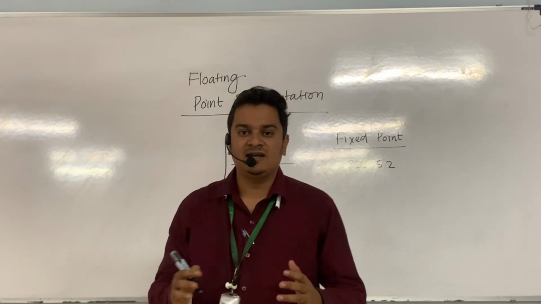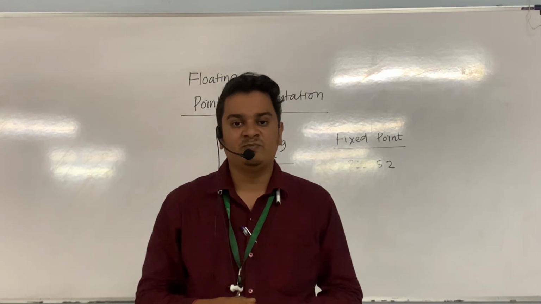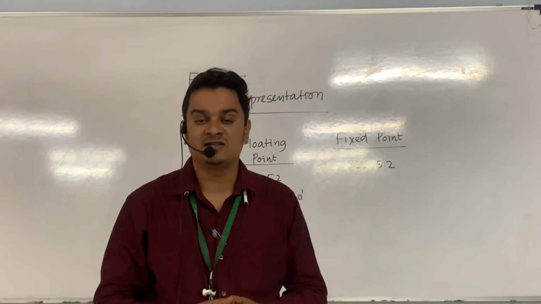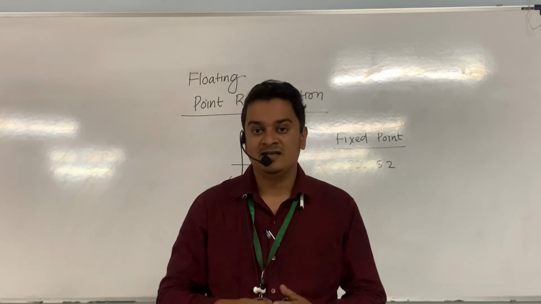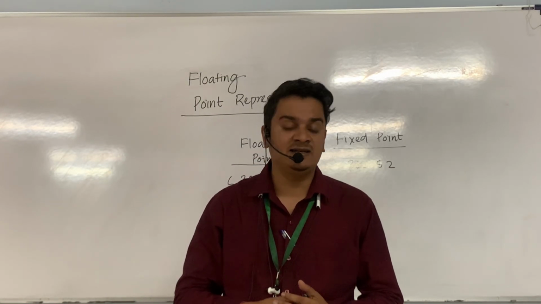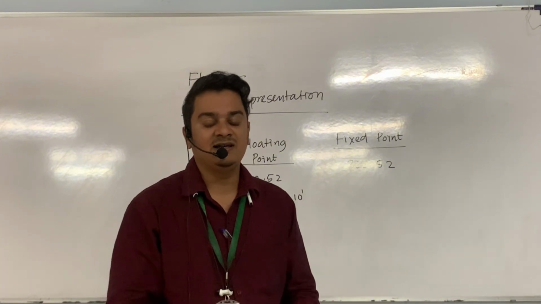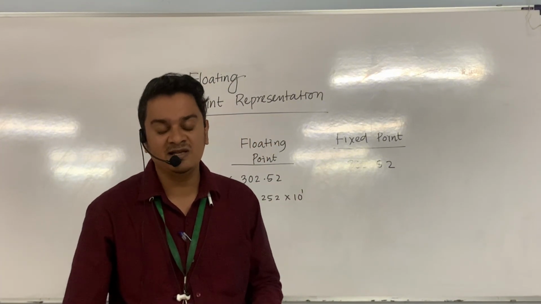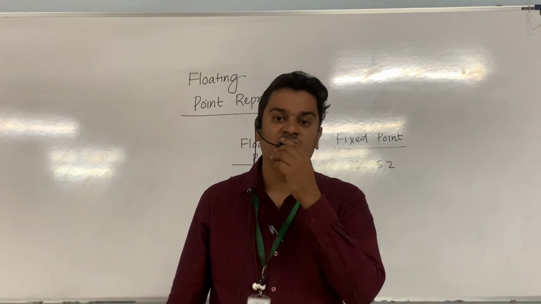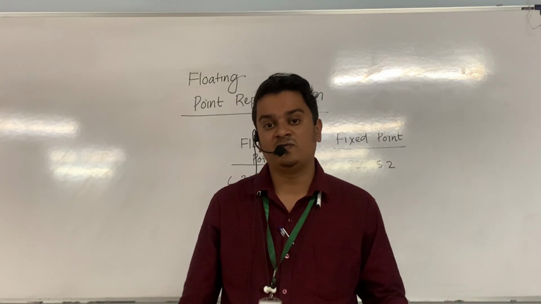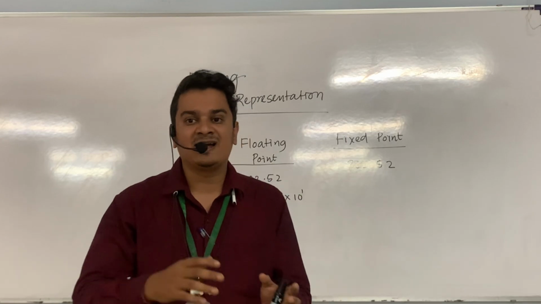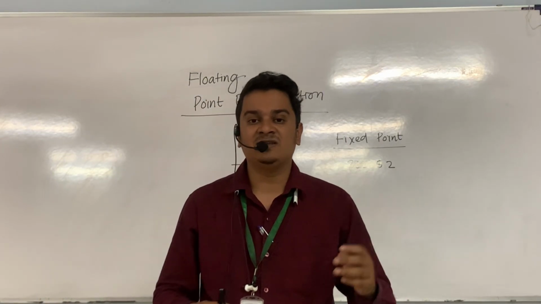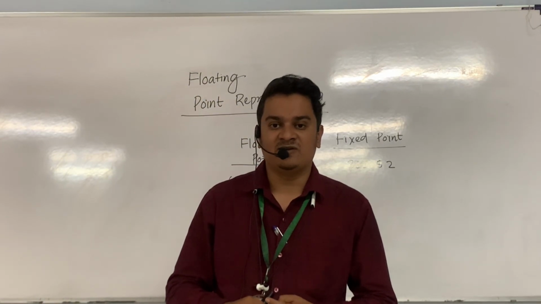Now there is a standard given by IEEE, and that standard, IEEE 754, has been followed for floating point representation. The standard was given around 1985, and from then it has been followed. An IEEE standard means a set of rules or protocols that we have to follow for certain devices, certain kinds of representation or certain processes, and that has been given by IEEE 754.